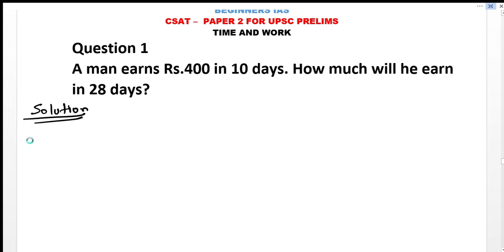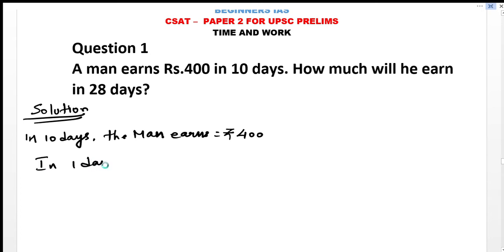In the procedure method, in 10 days the man earns rupees 400, that is given, right? We have to calculate one day's earnings. To find one day, we have to divide 400 by 10 days. Therefore he earns rupees 40.